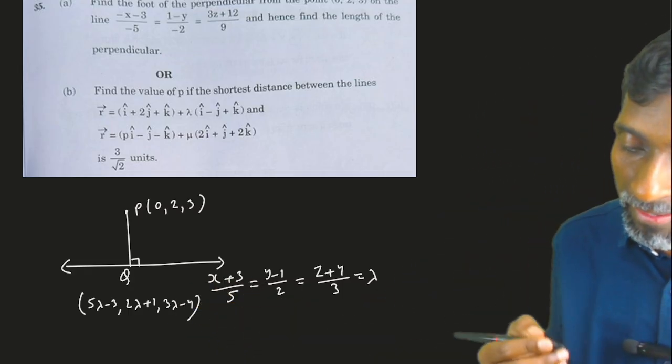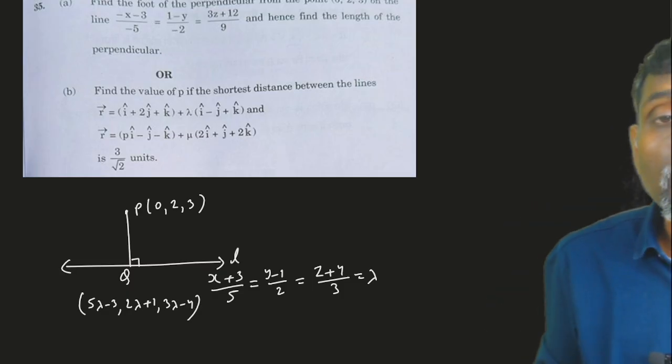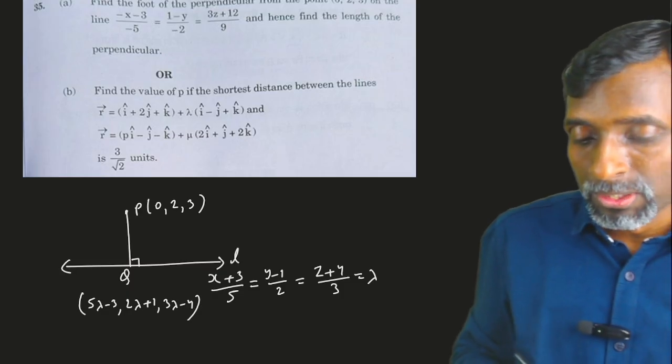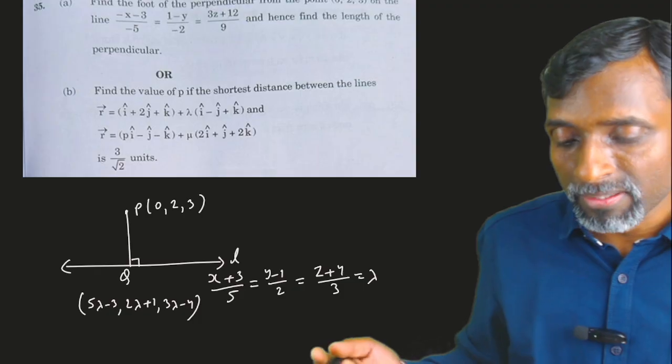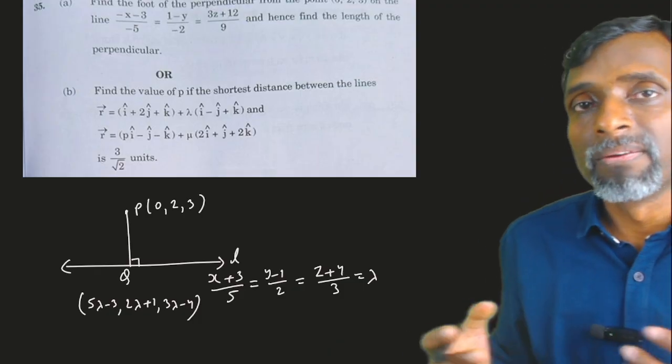How to find lambda? We can see line L and line PQ are perpendicular. So we need to write the direction ratios of both lines and find the dot product.